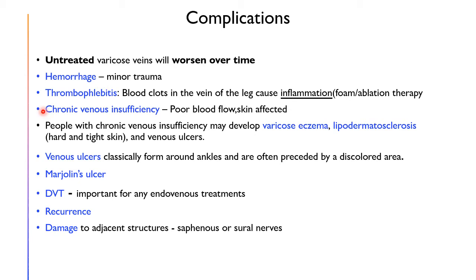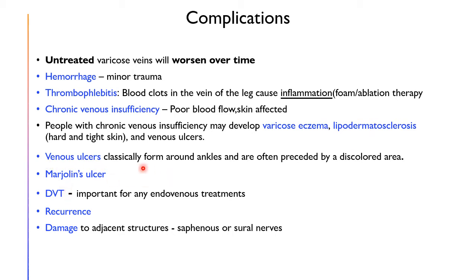Infection and thrombosis, known as thrombophlebitis, which is blood clots in the vein of the leg, cause inflammation of the vein. It can cause chronic venous insufficiency, which is poor blood flow to the skin and affected areas of the leg.